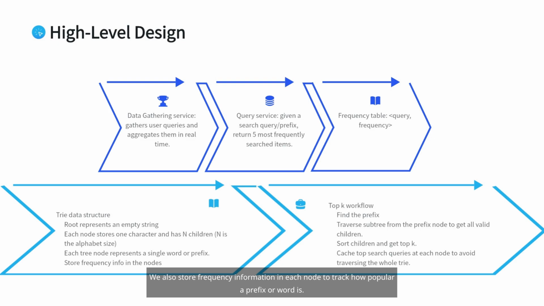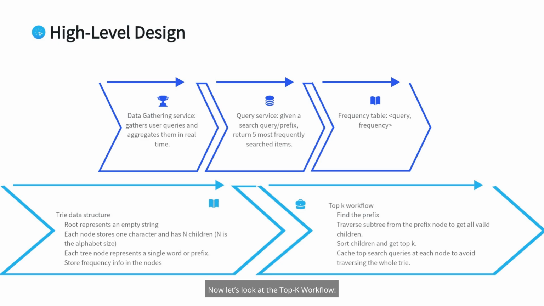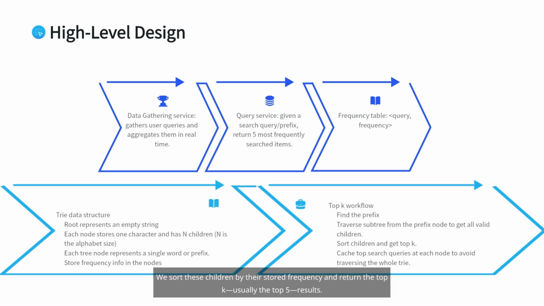Now let's look at the top K workflow. When a query comes in, we locate the node corresponding to the typed prefix. From this node, we traverse the subtree to collect all valid children, essentially, all complete queries that start with that prefix. We sort these children by their stored frequency and return the top K, usually the top 5, results.